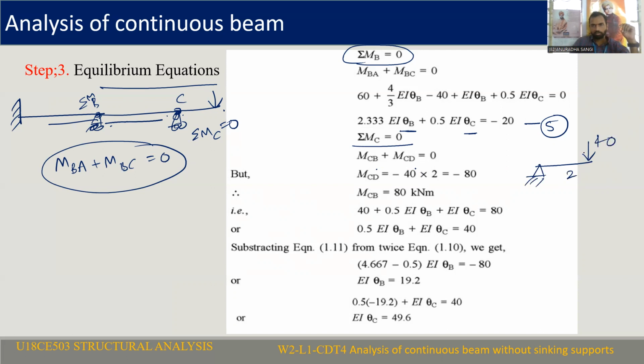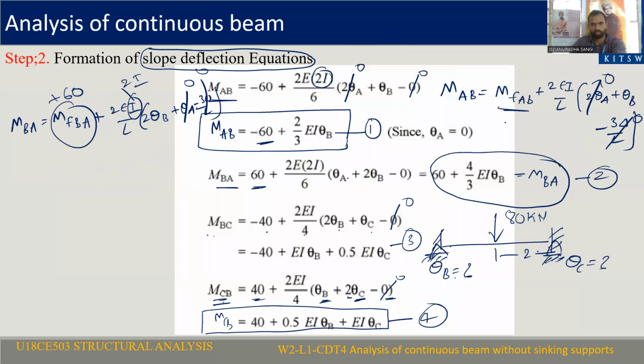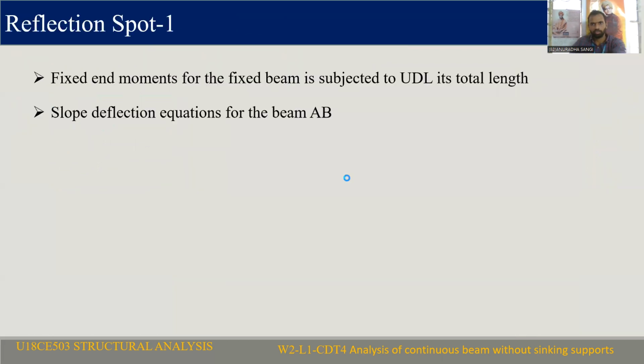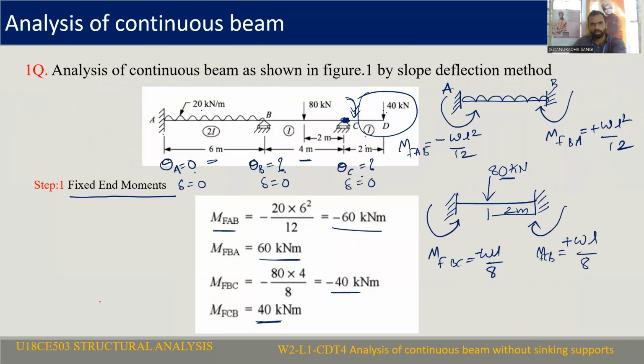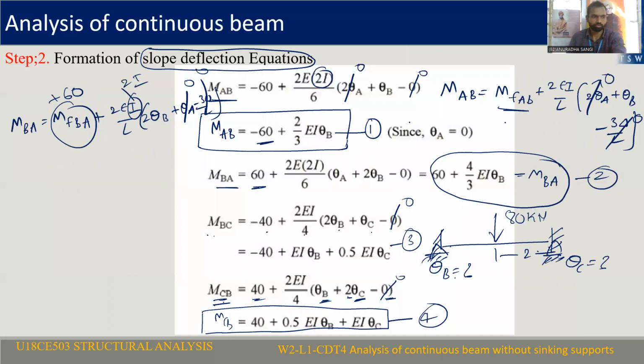The 40 kilonewton is producing a clockwise moment, but the resisting moment will be anti-clockwise. So we need to consider that as negative.